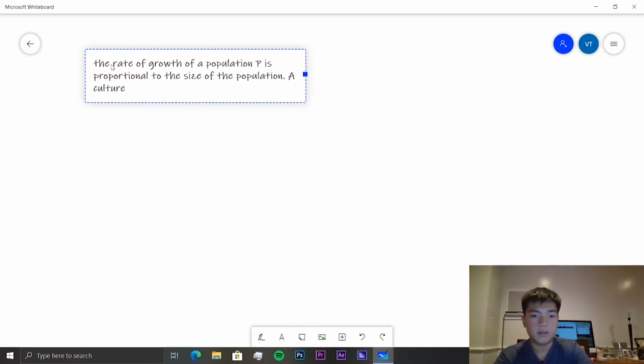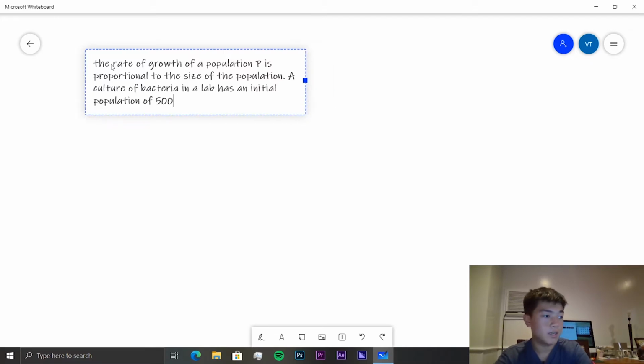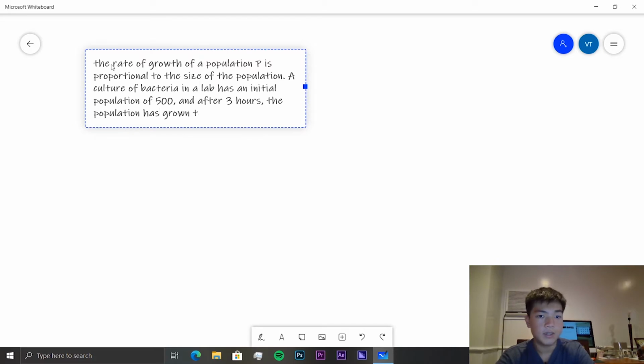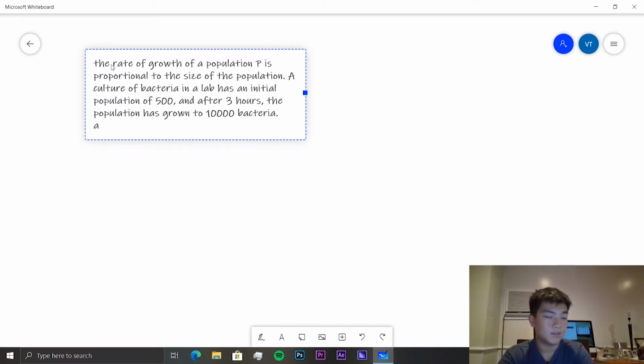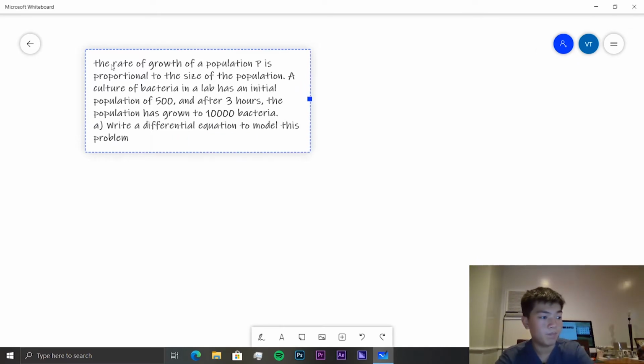A culture of bacteria in a lab has an initial population of 500, and after 3 hours, the population has grown to 10,000 bacteria. First, write a differential equation to model this problem. Next is to solve the differential equation.